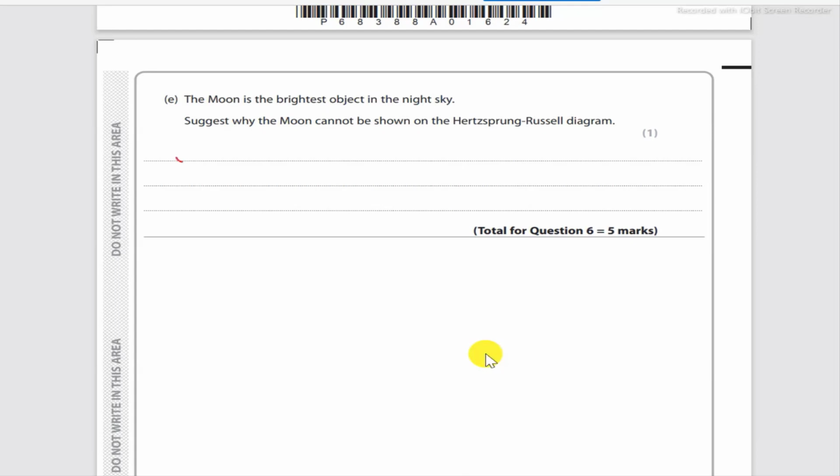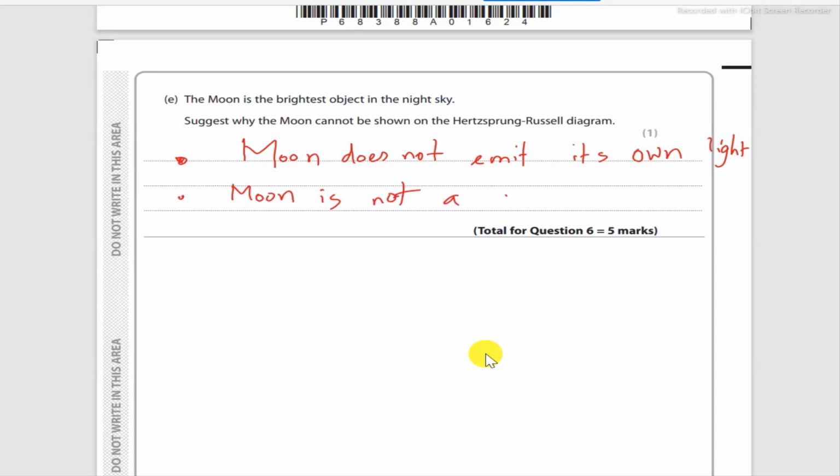Because the moon does not emit its own light. Moon is not a star. Not a star.